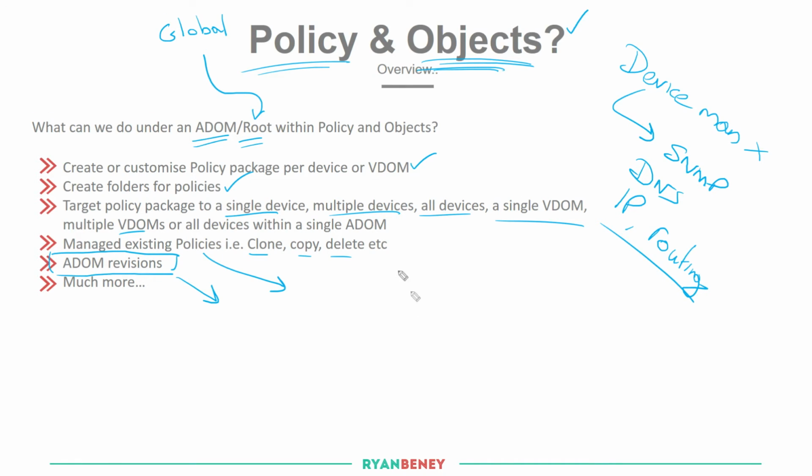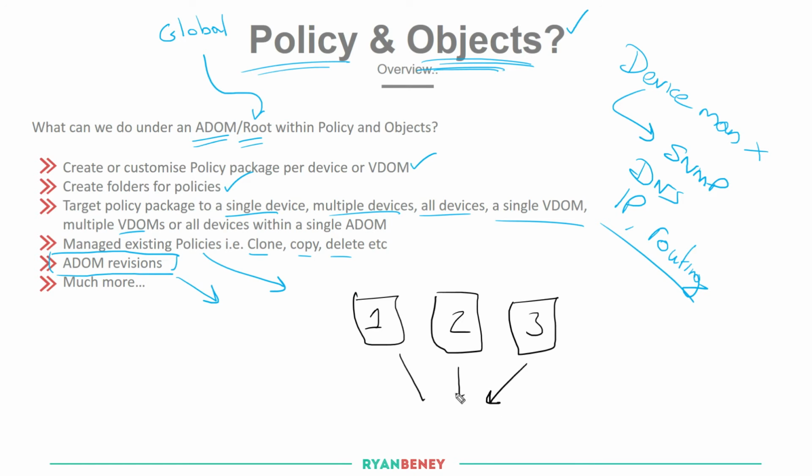To give you an overview, all your policy packages, let's say for example we have a few policy packages, let's say we have policy package 1, 2 and 3. All of these policy packages, if they're all in the same ADOM, will link back to the same object database.